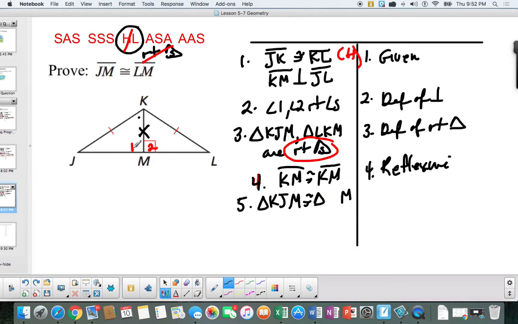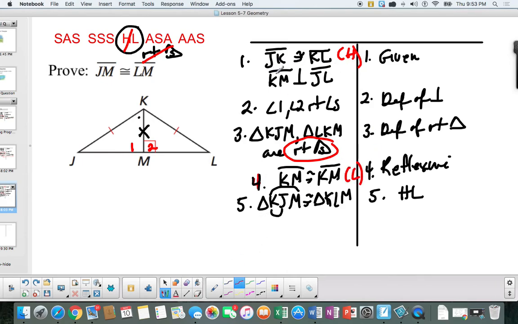So this is M, and JK has to go with KL, but I have to be really careful and make sure the KM's go together. So KM, KM, and then there's just one letter left here, and that's the L. And that's going to be HL, and here's my L pair.